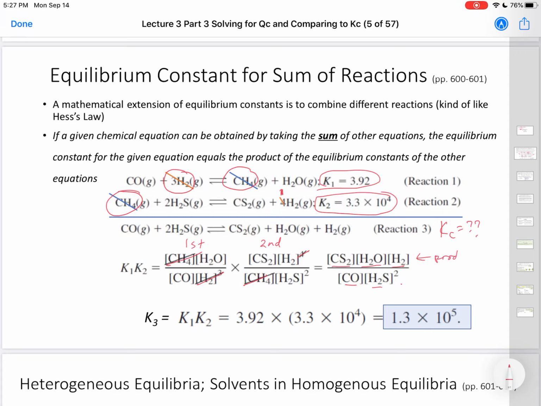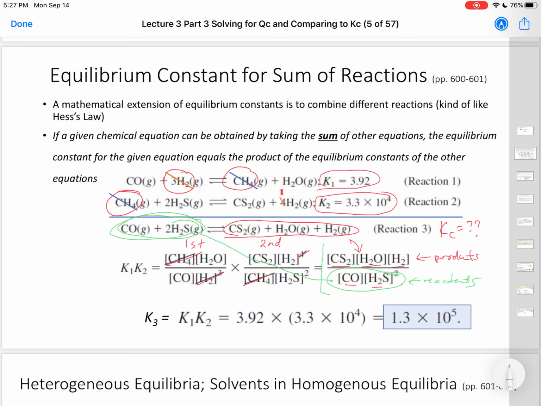Notice, these are the products for your overall reaction, these 3 here. And notice that your reactants are at the bottom in terms of your overall reaction. They're the same.